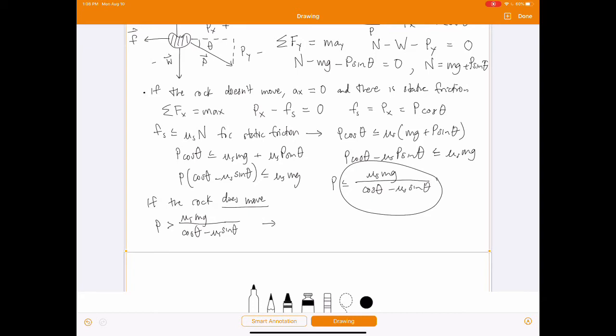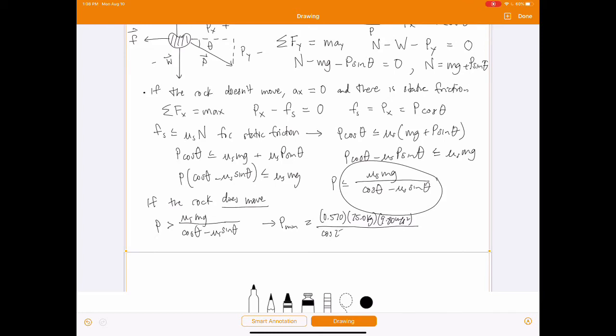And that means the minimum force is just what we get when we plug those numbers in. Okay, so mu s was 0.570. The mass of the rock was 75 kilograms. 9.8 meters per second squared is g.